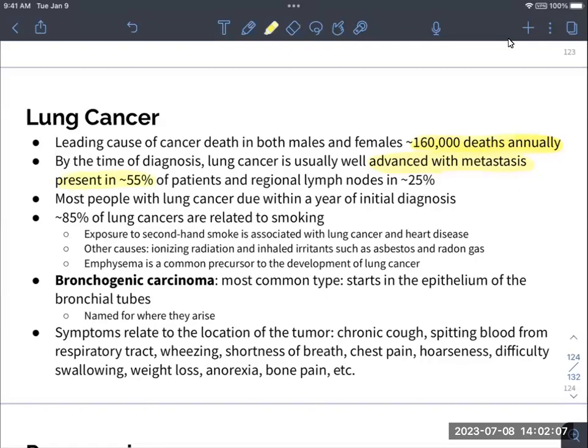About 55% of people have seen that metastasis, and about 25%, it's also in those regional lymph nodes. So they'd be in the lymph nodes in that same area.